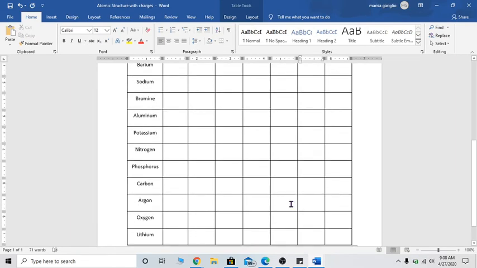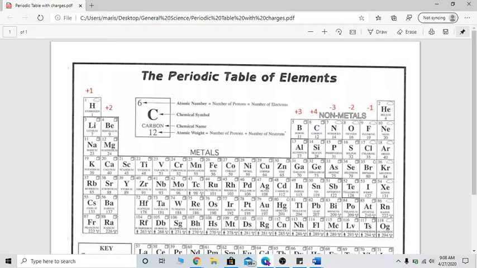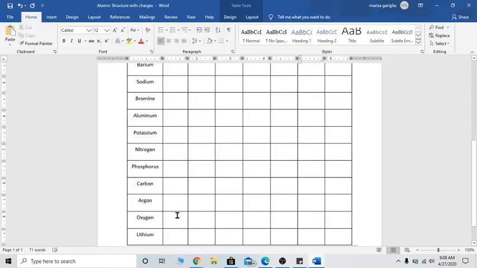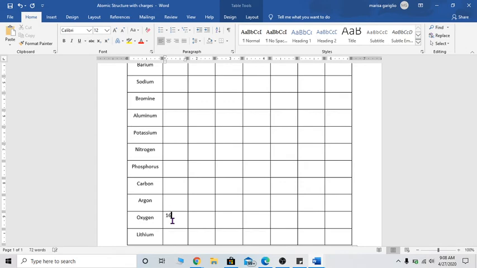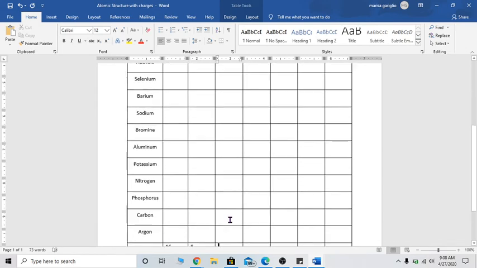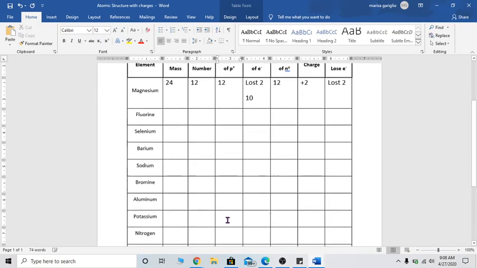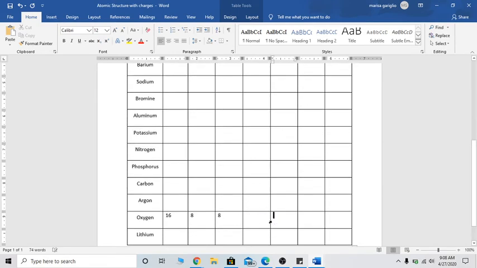All right, now it's easy when you have an element that is, let's go on here, oxygen has a negative 2 charge. Okay, numbers 8 and 16. So oxygen, where is it? Right there. Its mass is 16. Its number is 8. Those are protons. We have 8 protons. Skip the electrons. We have 8 neutrons. Oh, yep, 16 minus 8. We're still at 8.